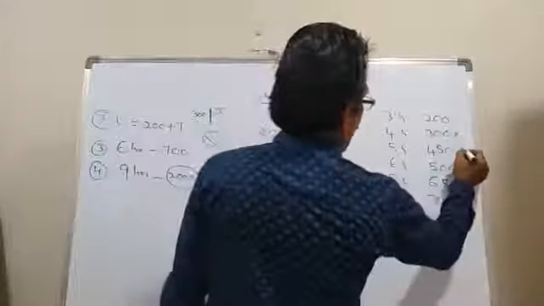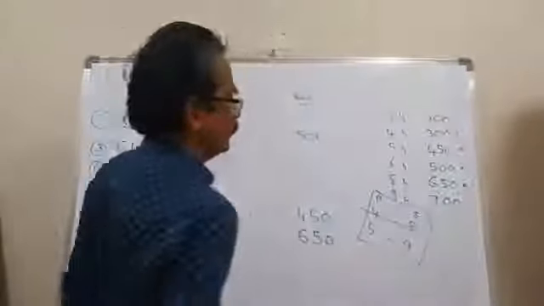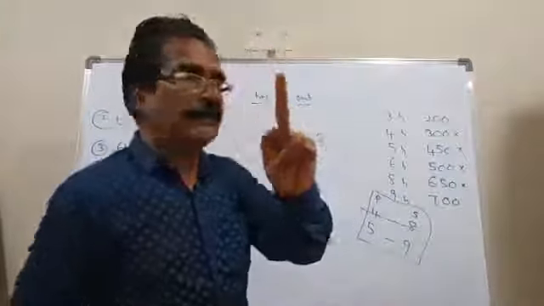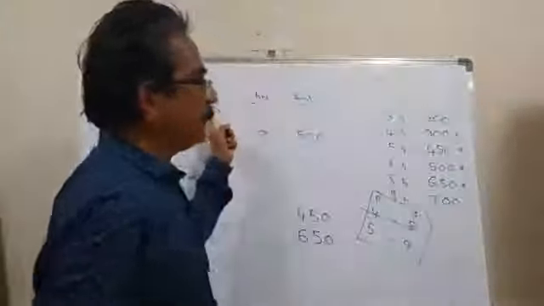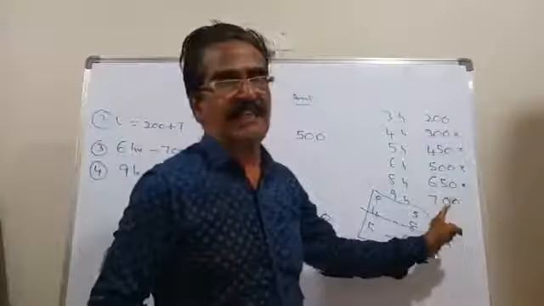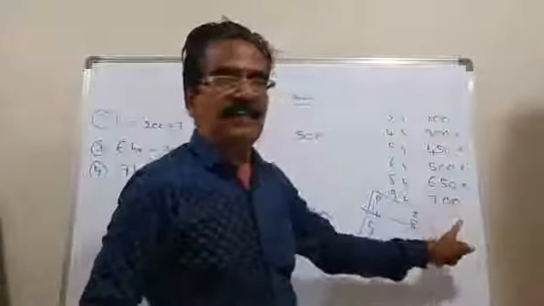So this is not 450, 650, 500 either, they are already occupied. So we are left with only 2 options. P must earn either 200 or 700.